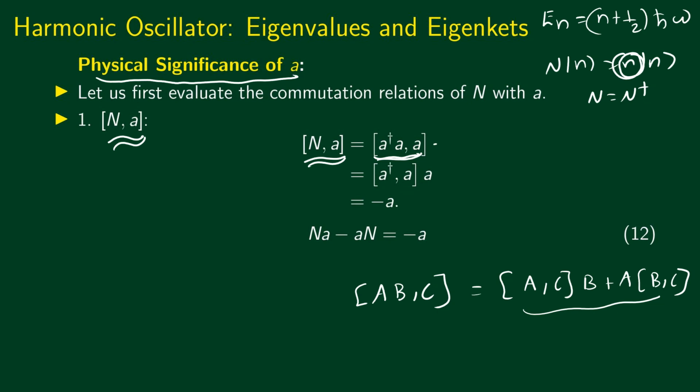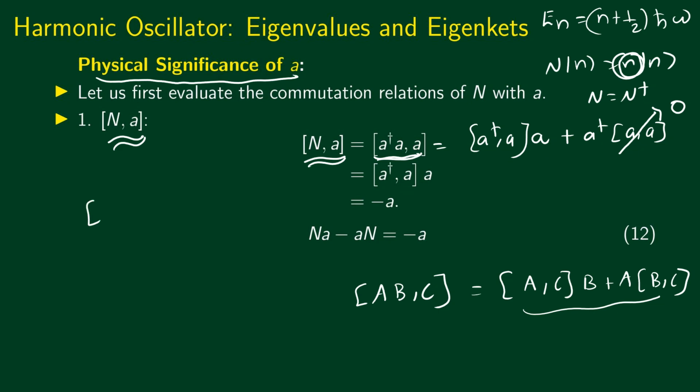So using this, the commutator can be written as the commutator of a dagger comma a multiplied by a plus a dagger multiplied by the commutator of a with a. This is the commutator of an operator with itself, which is 0. So we just have the commutator of a dagger with a multiplied by a.